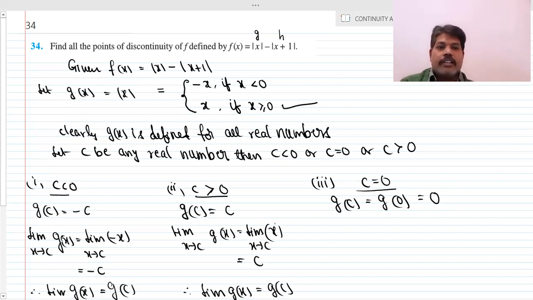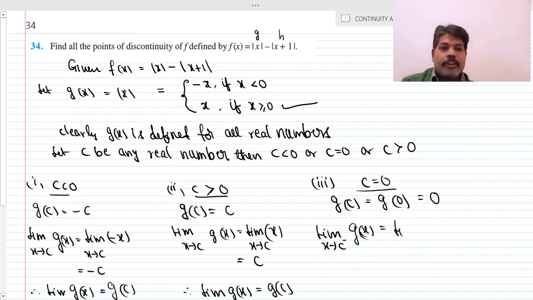Next I will take the left hand limit: the limit as x tends to C minus of g of x. Not f, it is g of x.